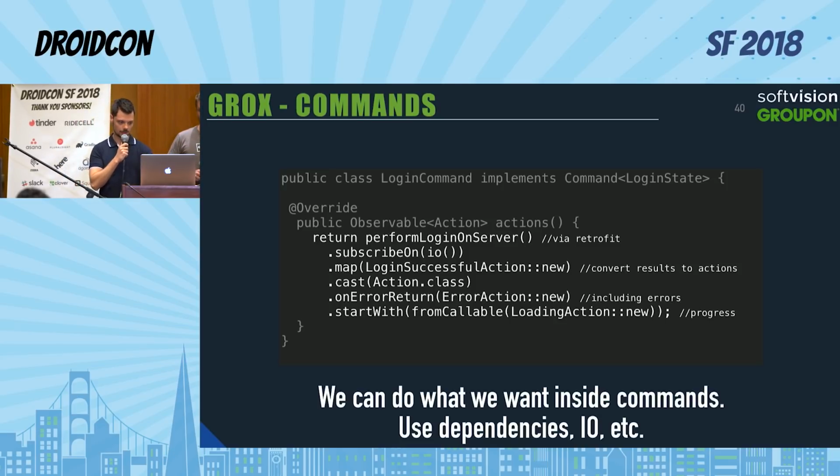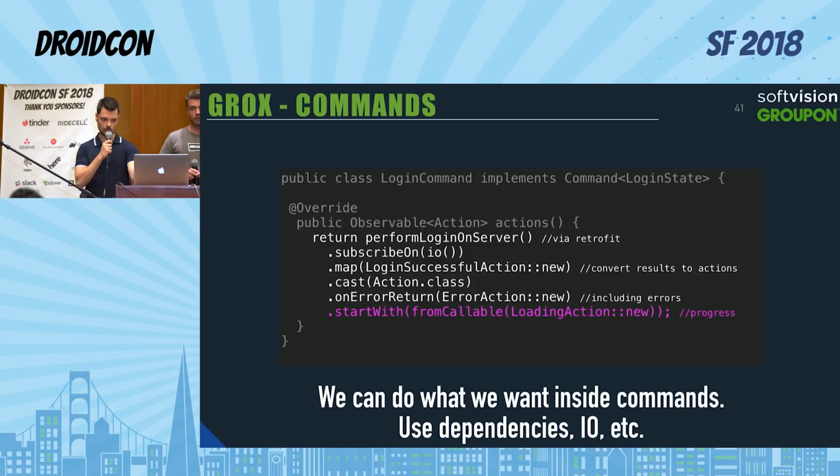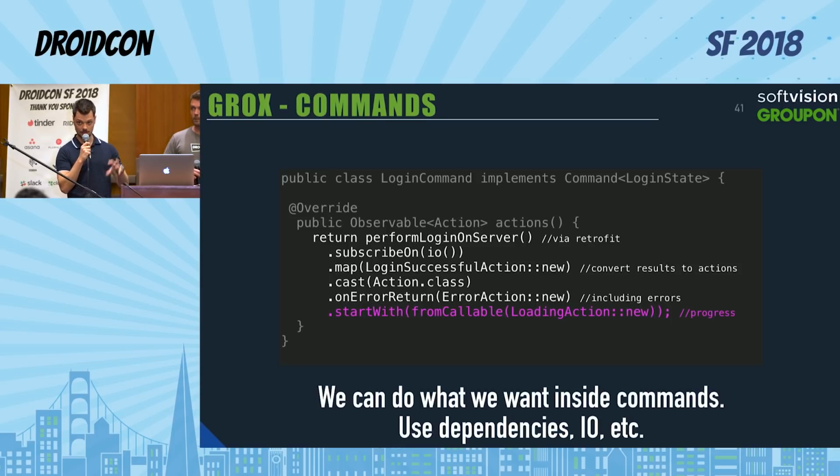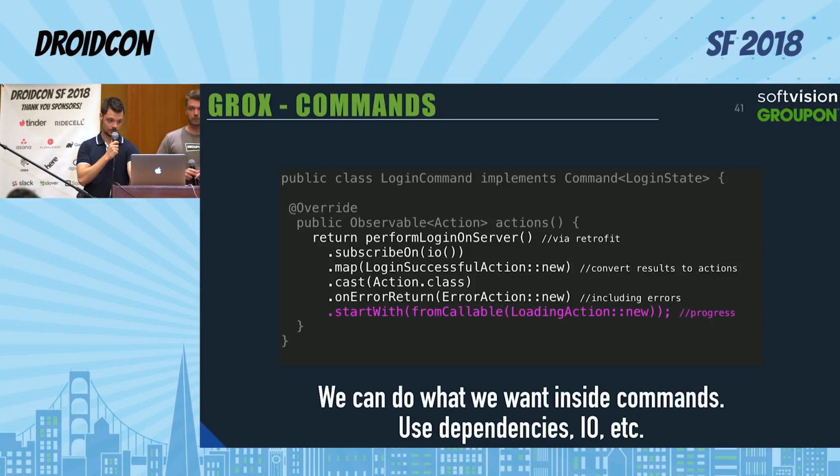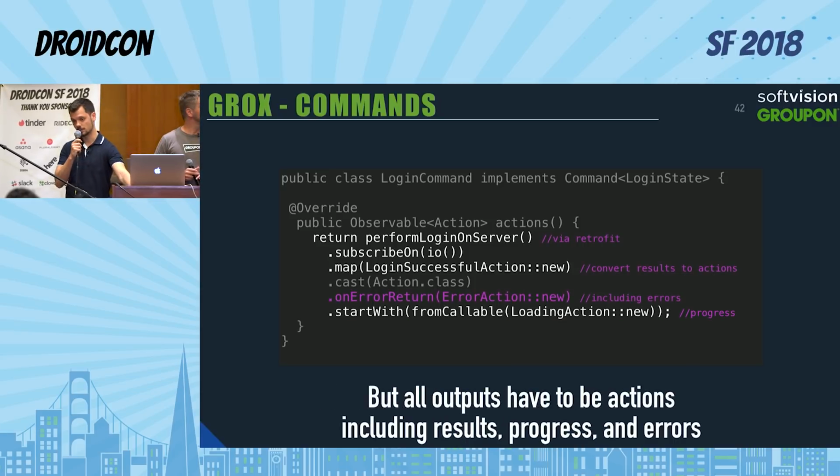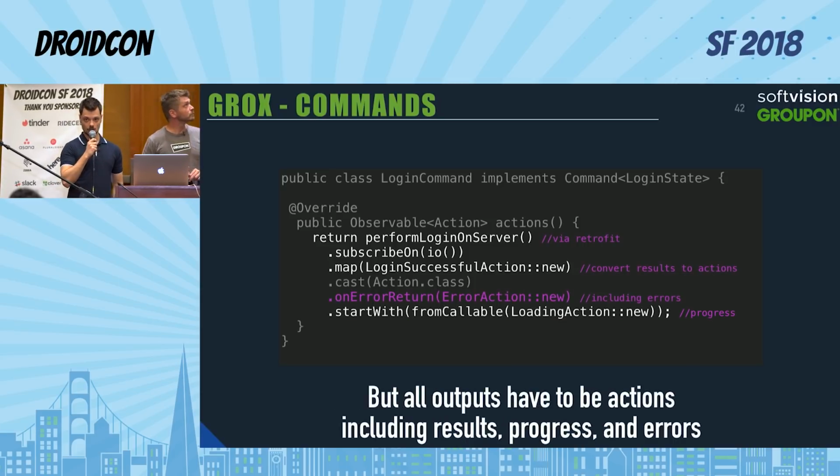But the important thing, as you can notice, is that we start with a loading action. So even for the start of the request, we have a clear state. So the UI can react to it and display a loading spinner or something. Also, another important thing is that we do the same even for errors. We handle the error and we turn it into an action.